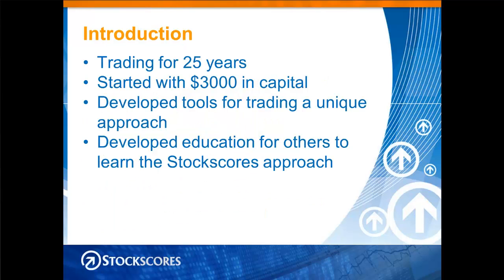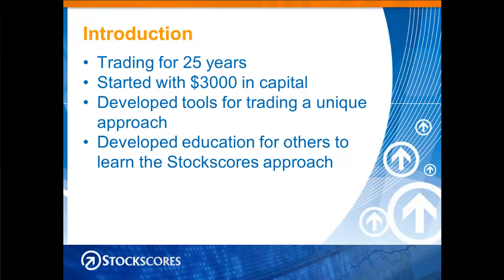All right, so a little bit of background on me. I started trading when I was 19 years old, which means this will be my 25th year trading the market. When I started, I was pumping gas at a gas station in Calgary, student at the University of Calgary, didn't have a lot of money. I started with about $3,000 of capital, some of which I borrowed from my credit card, and bought my first stock. I lost money on my first stock, but I would say, hooked on the market and the idea that I could make money simply by buying and selling stocks.